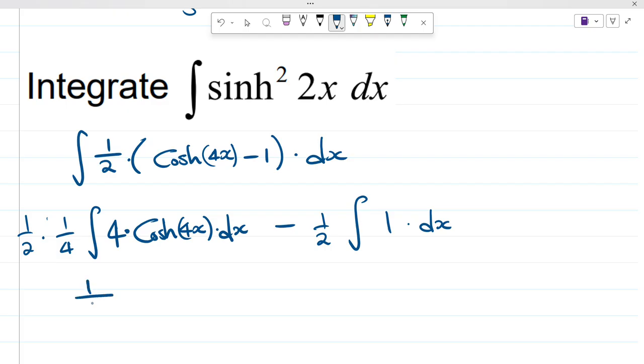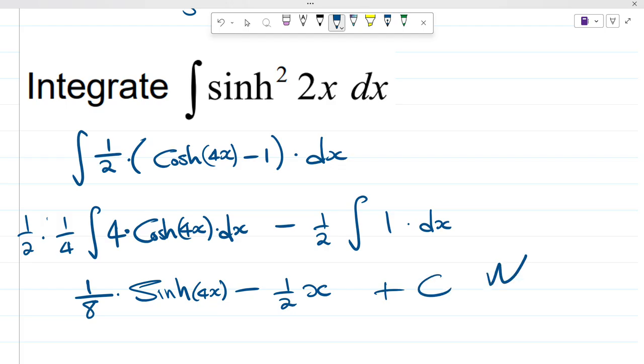So that's going to be 1 over 2 multiplied by 1 over 4, which is the same as 1 over 8, multiplied by hyperbolic sine of 4x, minus 1 over 2. Integral of 1 is just x, right? Then plus c. Then ta-da, you have your answer. So just like that, that's how we answer these questions. Make sense, right? It should make some sense, of course.